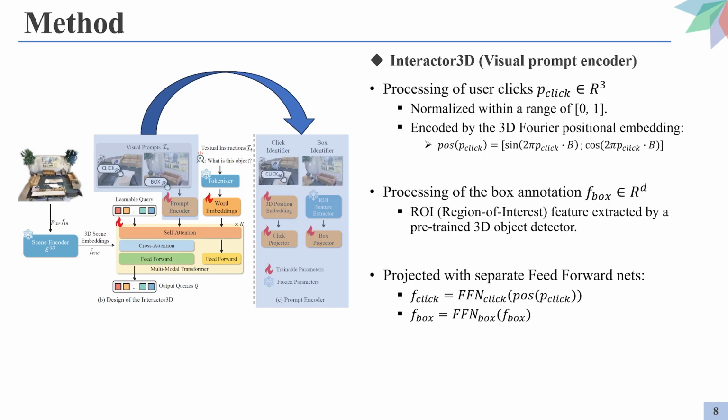A bounding box, on the other hand, is represented as a region of interest feature extracted using a pre-trained 3D object detector. Both the click and the bounding box are then projected using feed-forward networks, with separate networks for each type of interaction.